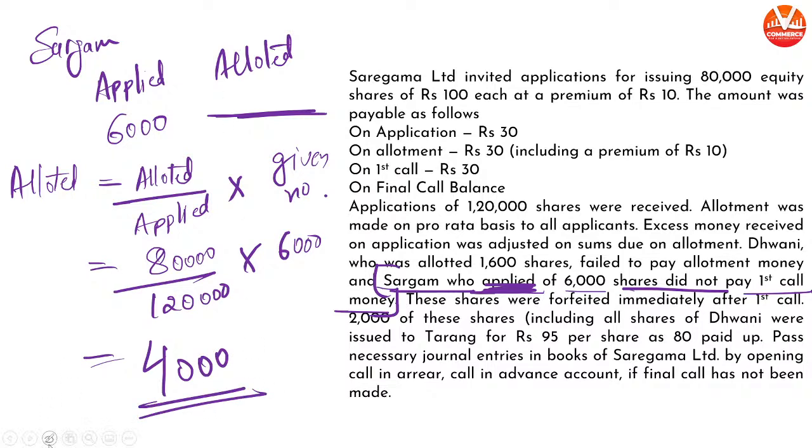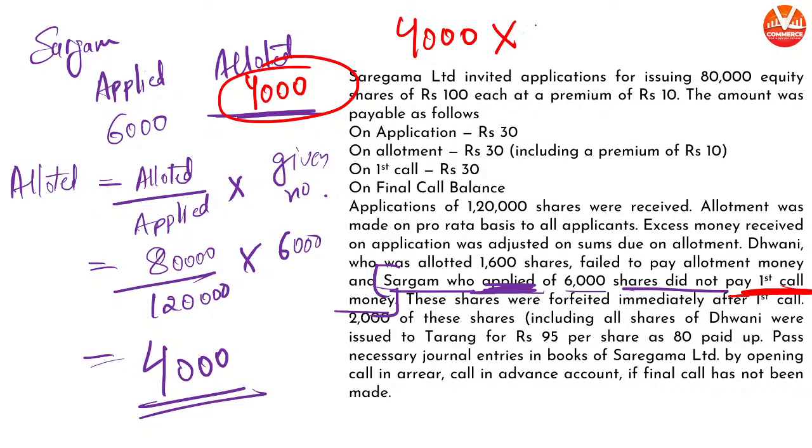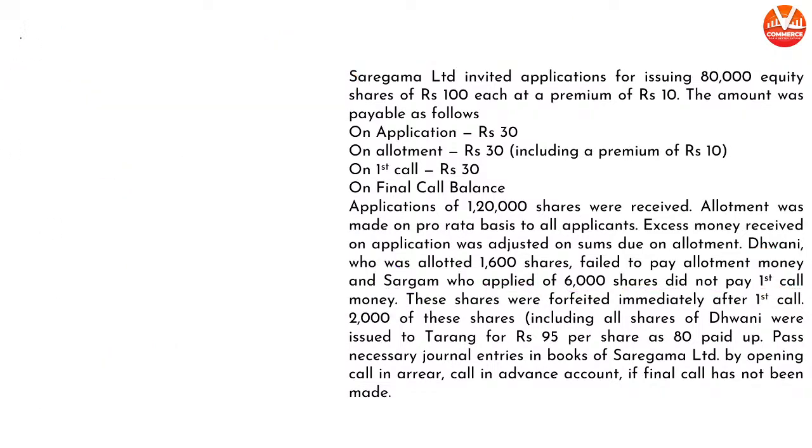So how many shares were allotted to Sargam? 4,000. Now she is not paying first call on her allotted number of shares. So on 4,000 shares, we are not receiving first call of rupees 30. Also, Dhwani is not paying first call on 1,600 shares, and Sargam is not paying first call on 4,000 shares.